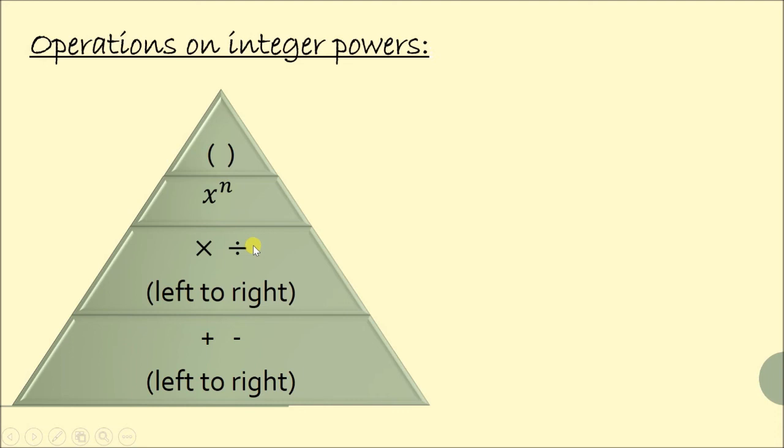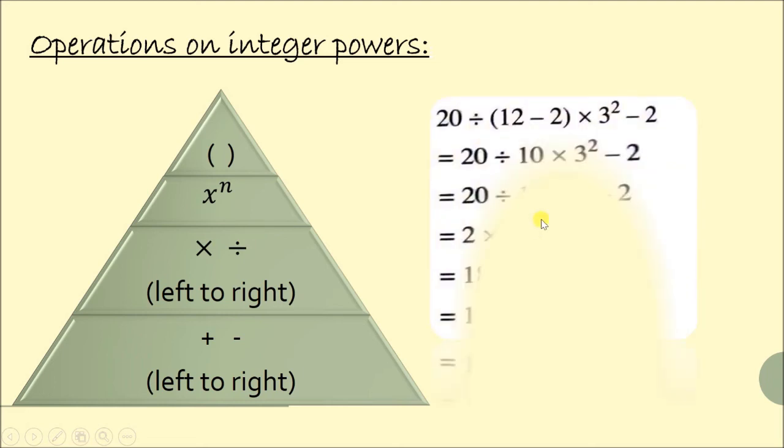If I have both, I will work according to which came first from left to right, and the same goes for addition and subtraction, which come after multiplication and division. Let's see an example and understand.